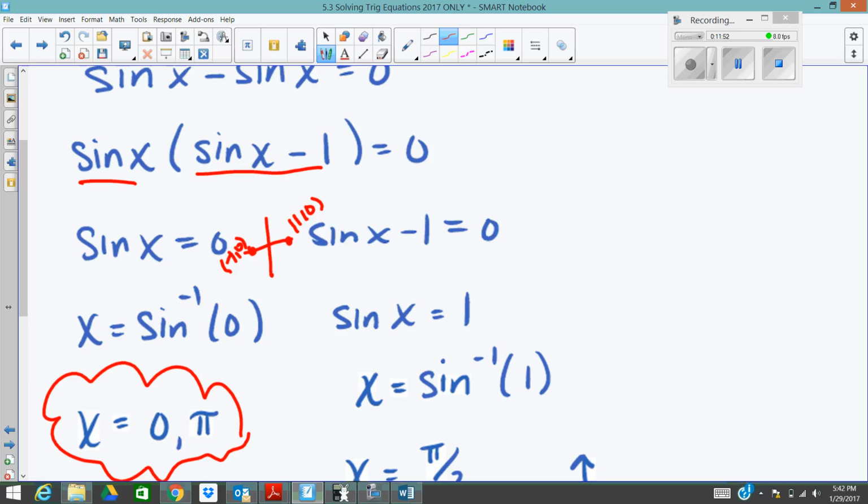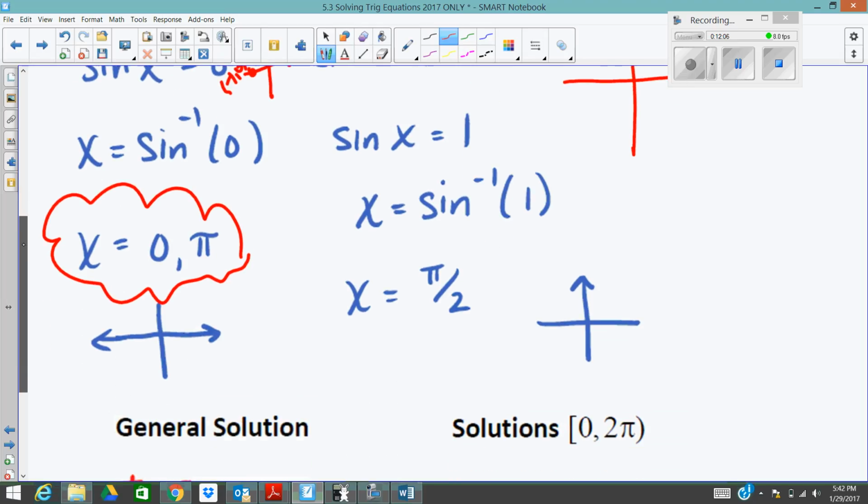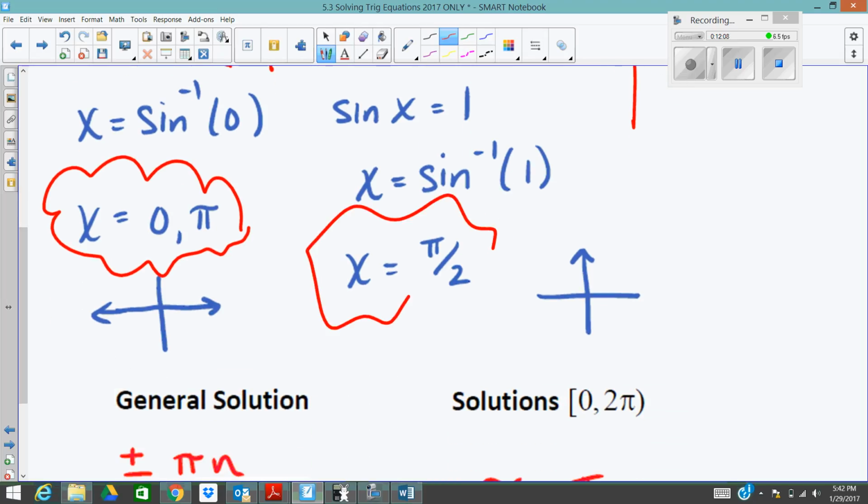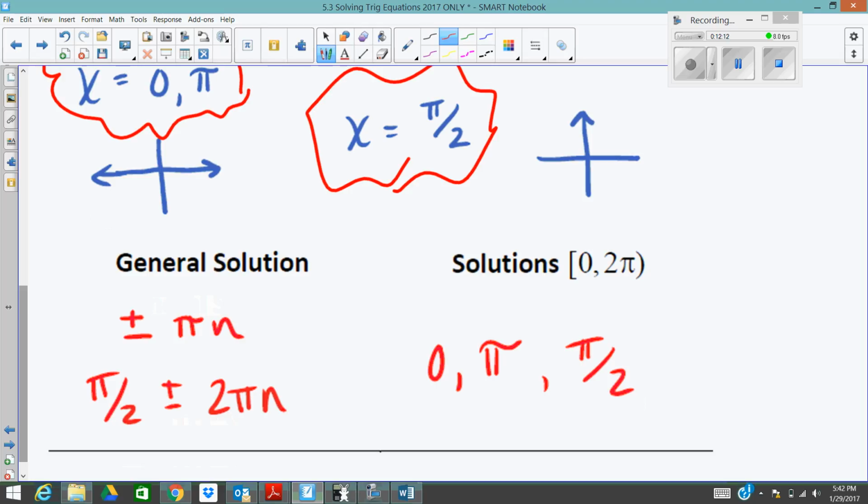So sine of x equals 1. Again, think about your quadrants, right here at pi over 2, or the coordinate 0, 1, is where sine of x is equal to 1. So we have three specific solutions between 0 and 2 pi, and then our general solutions.